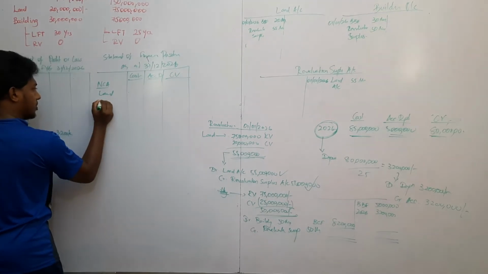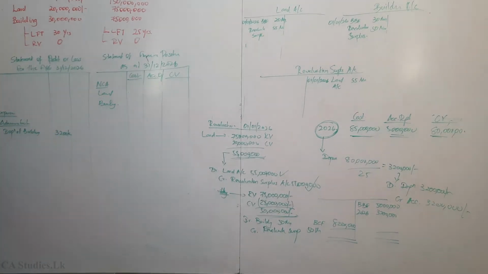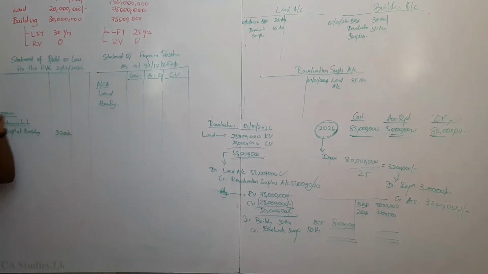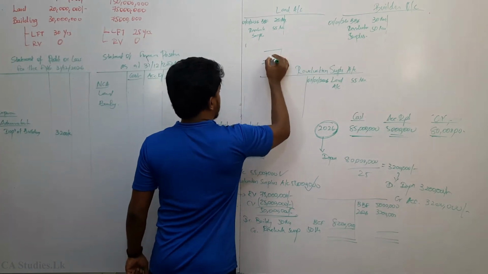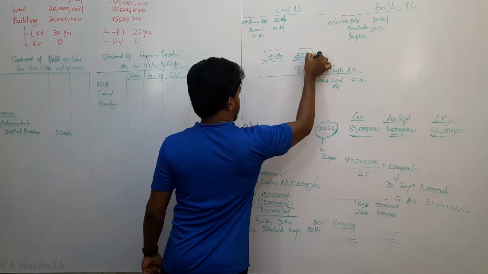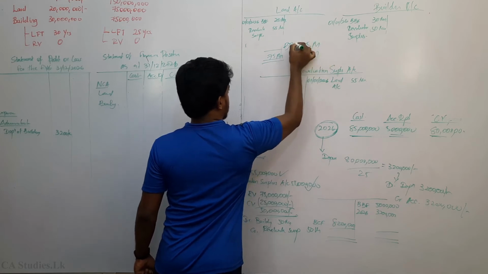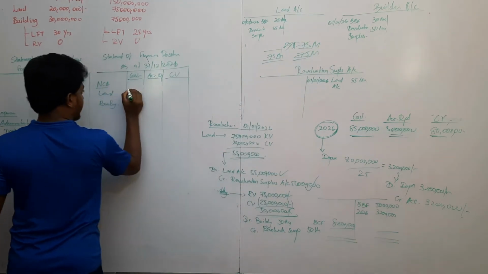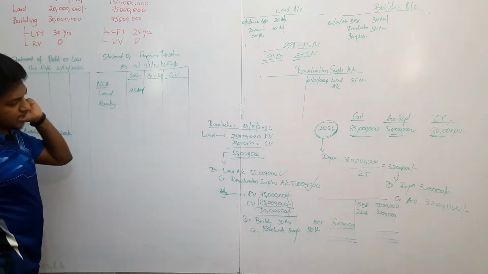Land. Building. Right? Now the cost of the land is 75 million. Brought forward balance is 75 million, carried forward 75 million. Accumulated depreciation, how much?